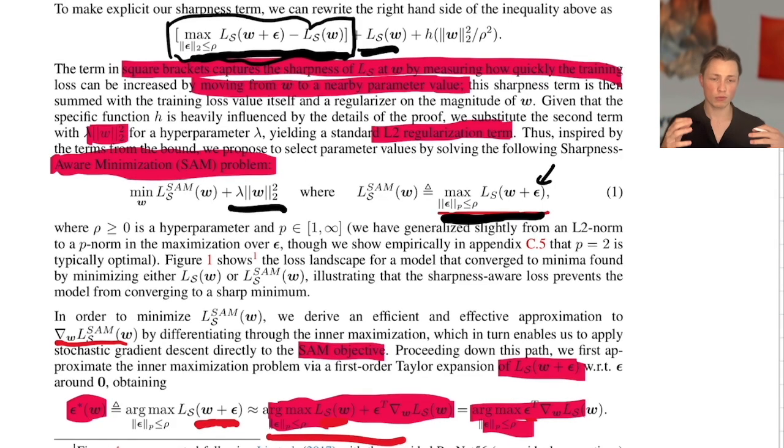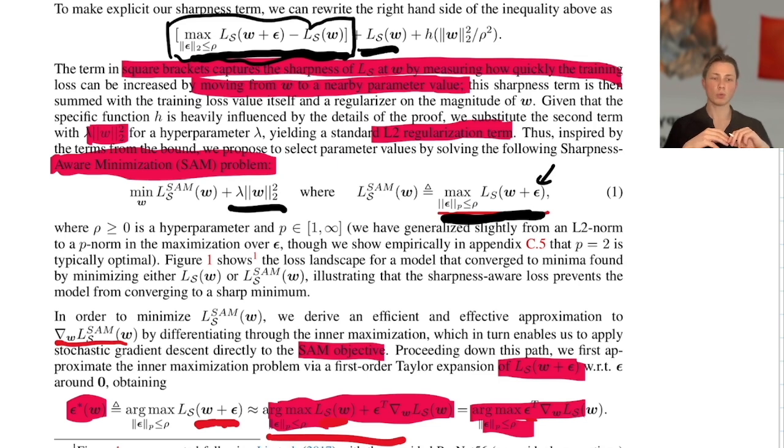So for which epsilon this will be maximized, and epsilon is just, for example, the L2 norm. So we are making a radius about our current parameter configuration, and the radius is defined by p, and we can have a look at all those parameter configurations.